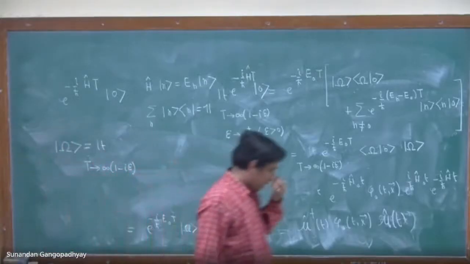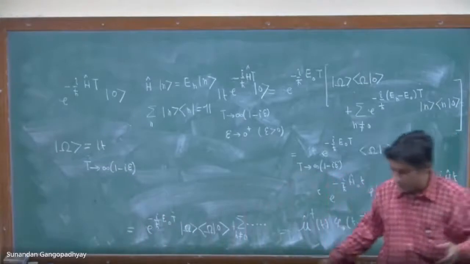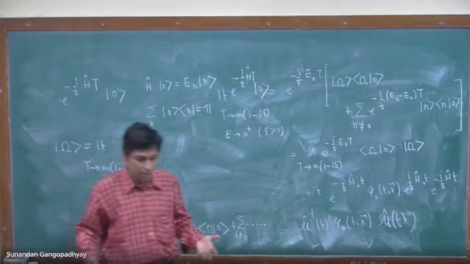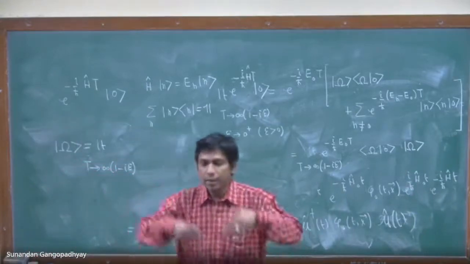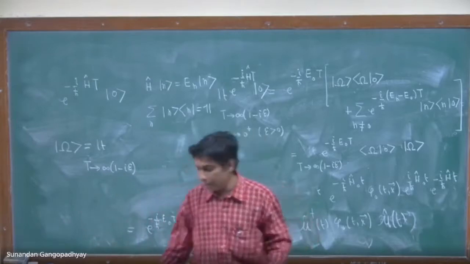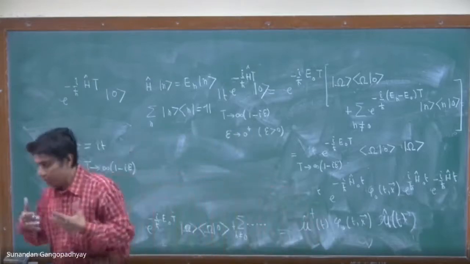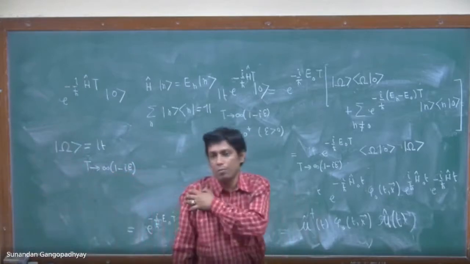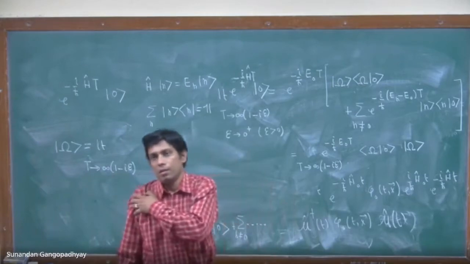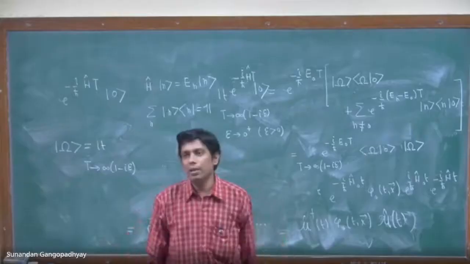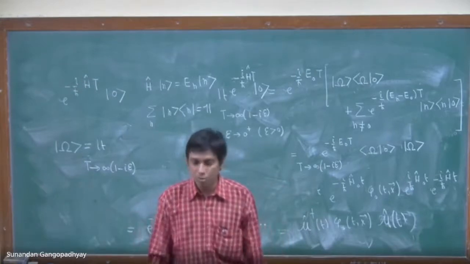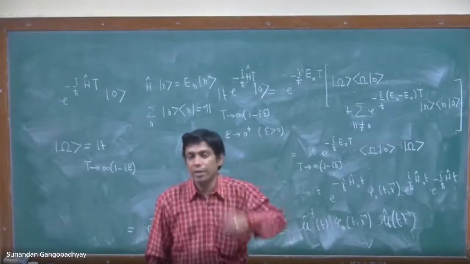Here you can consider this as only one. Both of them have the same Hilbert space. Or what you can say is that the Hilbert space for the full interacting Hamiltonian and the Hilbert space for the free field Hamiltonian are the same. The states in the free Hilbert space, you know their forms. The states of the full interacting Hamiltonian you don't know, but those are also state vectors, ket vectors, and they will have inner products with these.